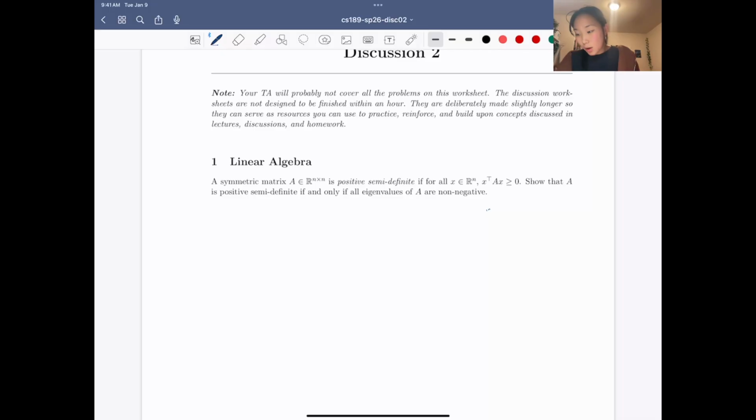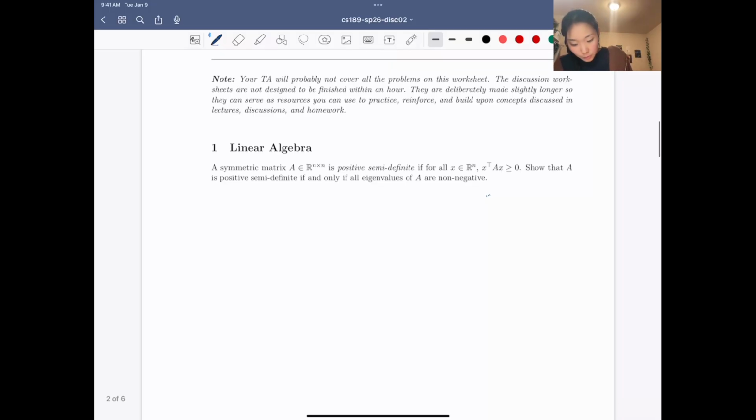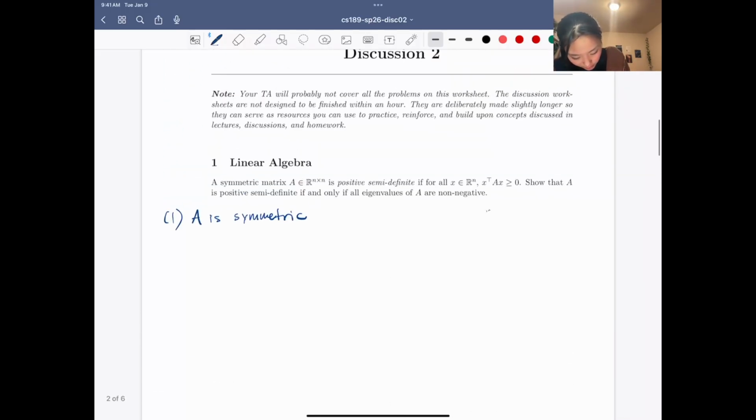And so we can start by proving the first way, which is basically saying, given that A is symmetric, which we'll see is important, we want to prove that A is positive semi-definite.